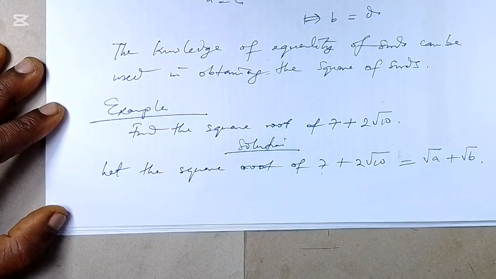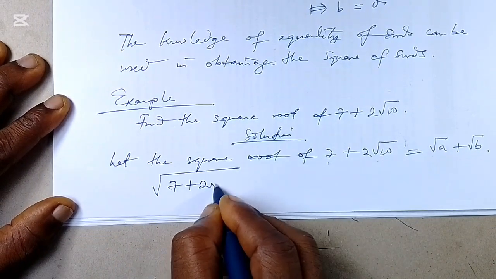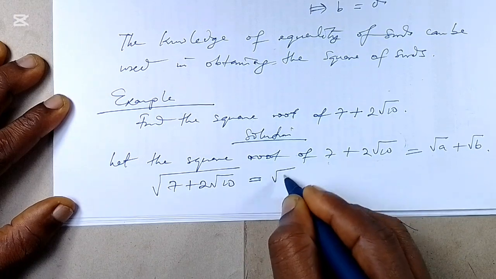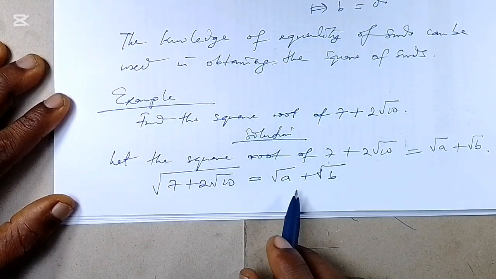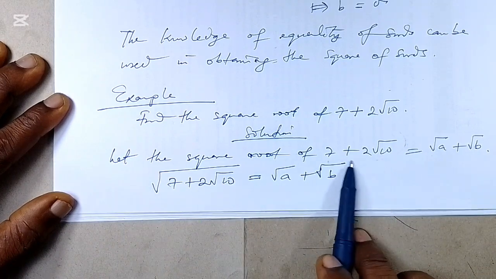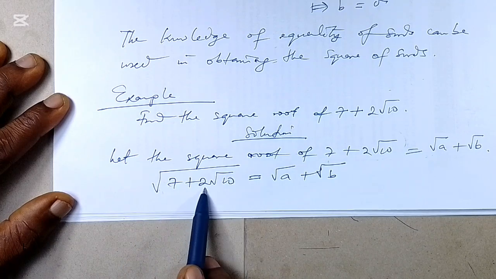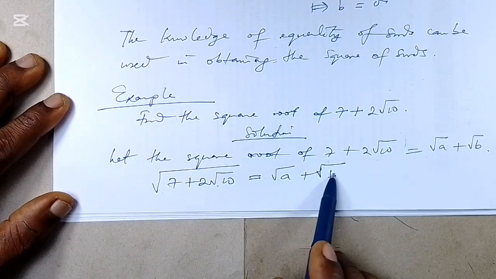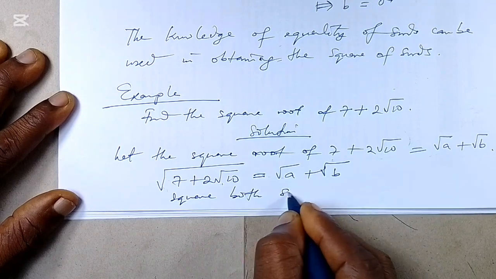So what do you do next? If the square root of 7 plus 2 root 10 is assumed to be the square root of A plus the square root of B, then mathematically, this is how to write that statement: the square root of 7 plus 2 root 10 is equal to root A plus root B. So I'm going to say square both sides.